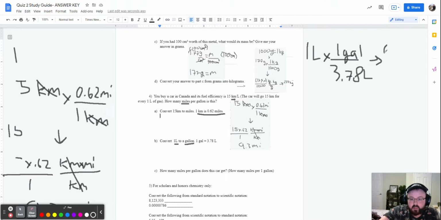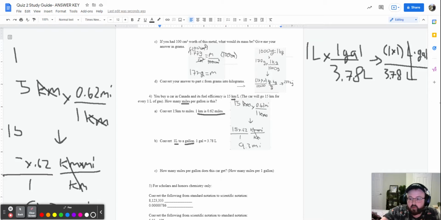I'll write it over here. 1 times 1 liter times gallon over 3.78 liters. Liters cancel out. We have 1 divided by 3.78.